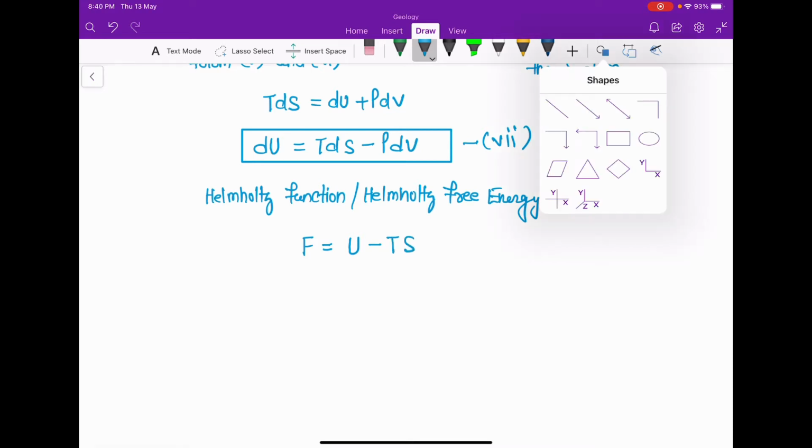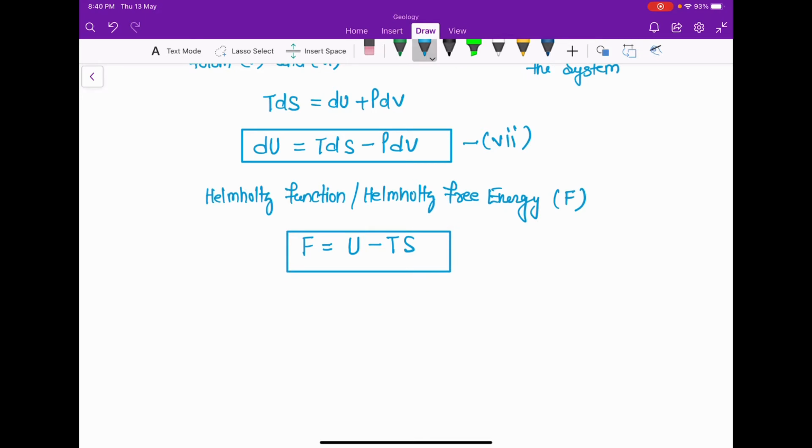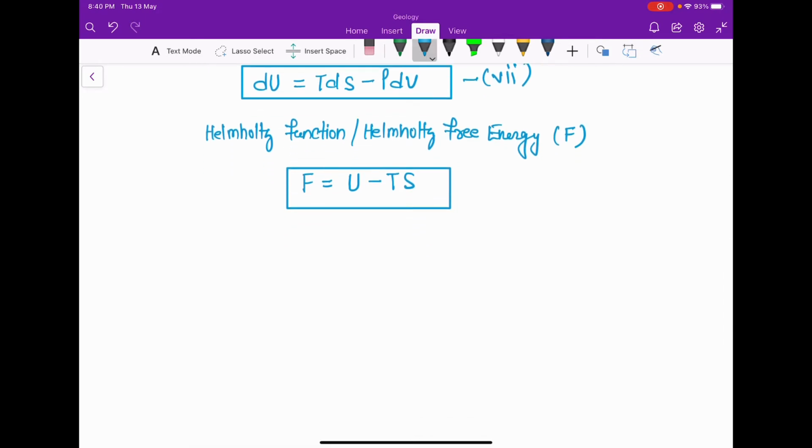This is the expression for the Helmholtz function. If there is a small change in the Helmholtz function, that will be dF equals dU minus d of TS, or dF equals dU minus T dS minus S dT.